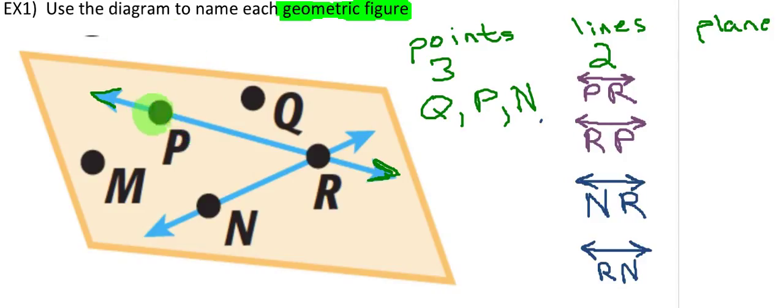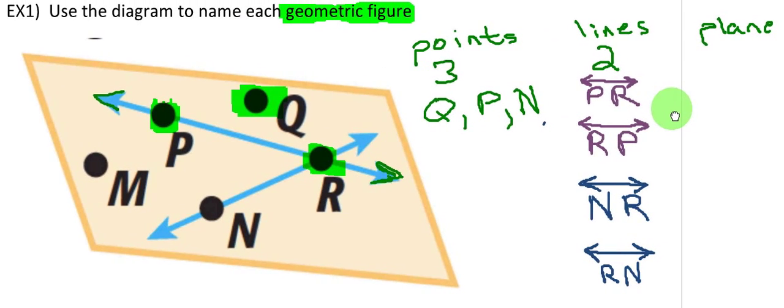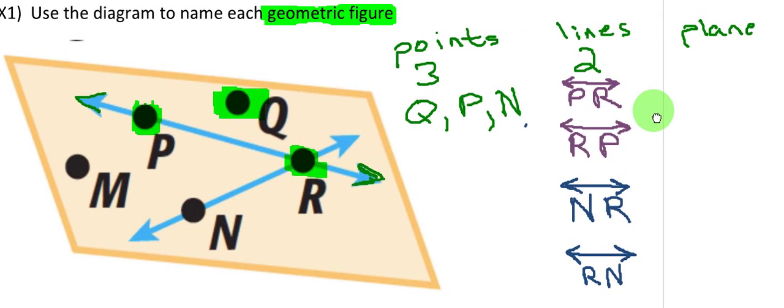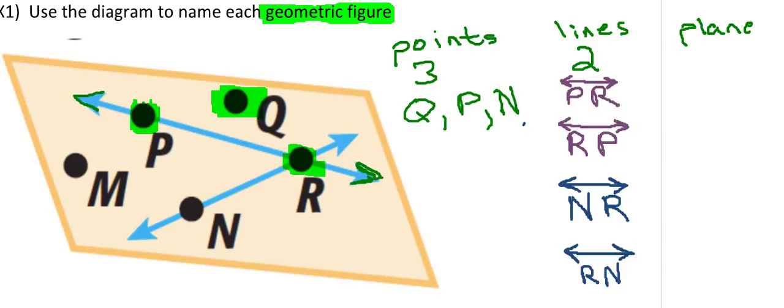I have point P, and I also have point R, and I need to choose a third point that's not on line PR here. So I could use M, N, or Q. Any of these others would do. I'm just going to get a little bit more room for writing here. And we would call this plane PQR.